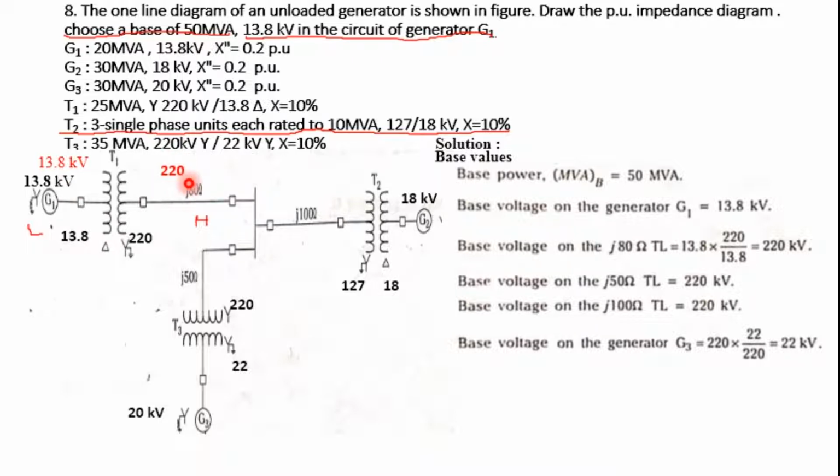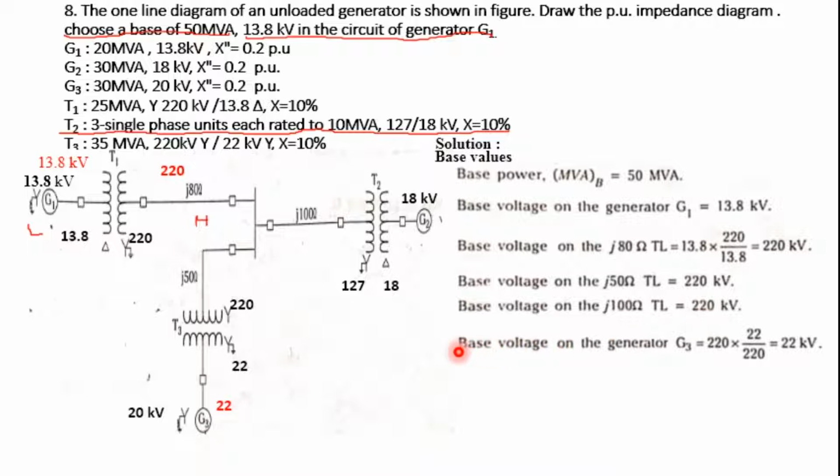Don't get confused here. Similarly, if it is 220 here, this part is also 220, because there is no transformer here. This is also 220, and this is also 220. That means across 100 ohm it is also 220, and across 50 ohm it is also 220. You can see here 220, 220.